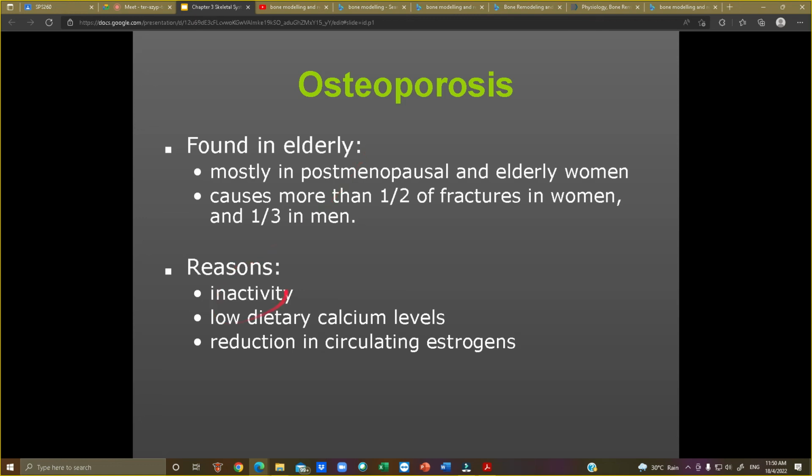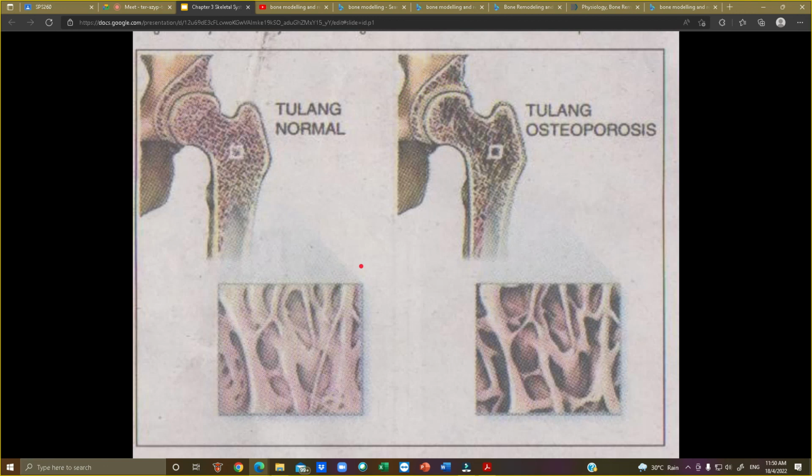Okay, inactive, lower dietary calcium, like we have discussed earlier, when we cannot supply the building block. We cannot supply the enough calcium carbonate, enough calcium phosphate, so no new building block. Osteoblast ada, tak boleh buat kerja. Okay, kalau dia kena autoimmune, osteoblast tak ada, osteoclast buat kerja. Sama juga ending dia. Okay, so this is the example of osteoporosis.